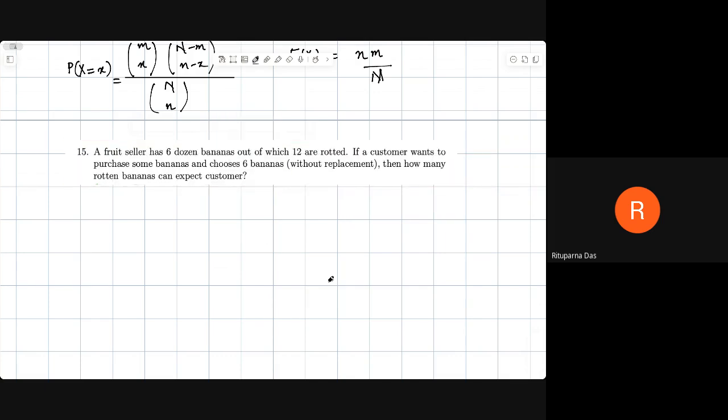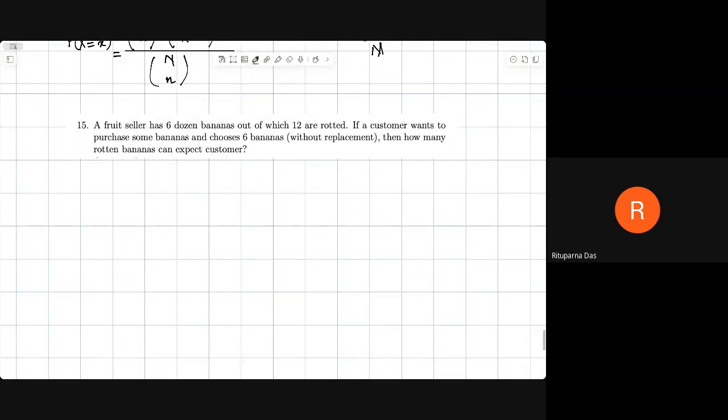So say a fruit seller has 6 dozen bananas, 12 are rotted.